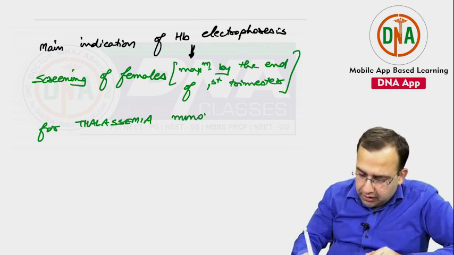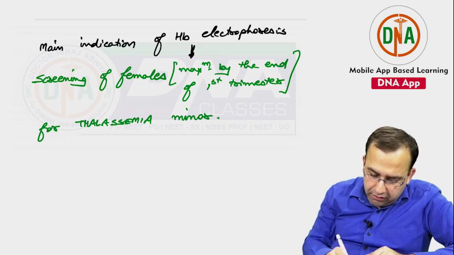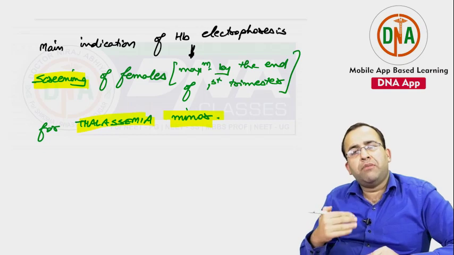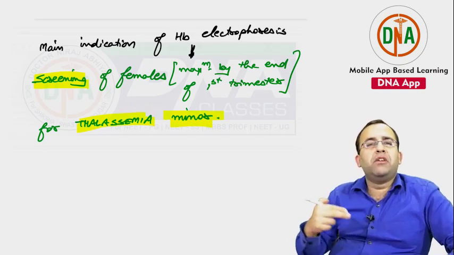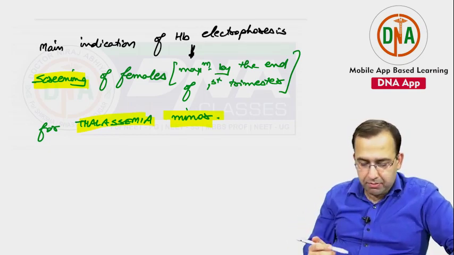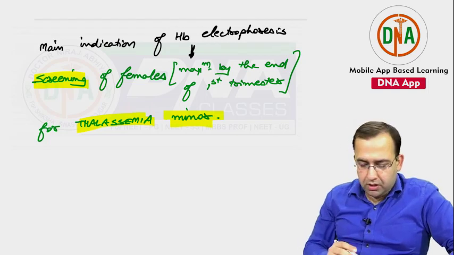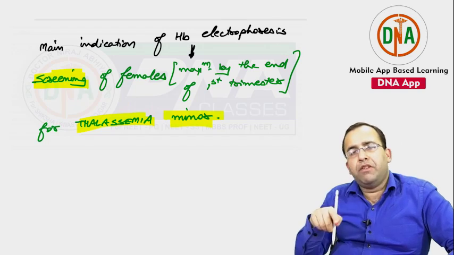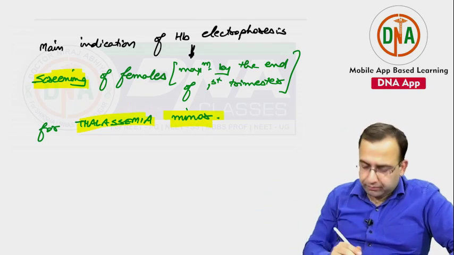Thalassemia minor. If it was major, the girl will know since childhood that I am a case of thal major, because repeated blood transfusions are needed in thalassemia major. Each word is important. Main indication of hemoglobin electrophoresis, screening of females for thal minor.